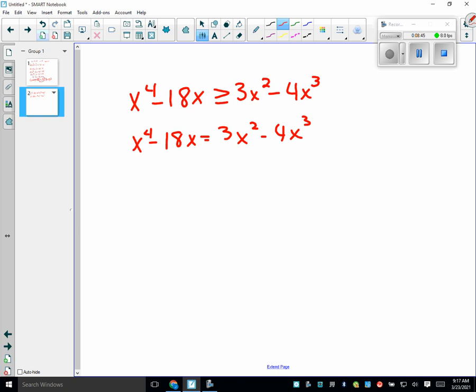I'm going to put my terms in order when I do that, because it's much easier to see it that way. So I have x to the 4th plus 4x cubed minus 3x squared minus 18x equals 0.